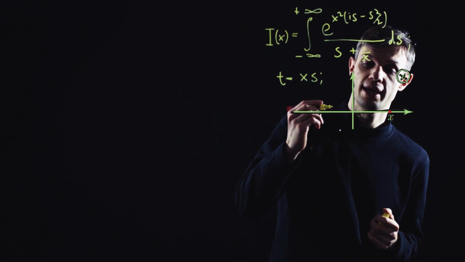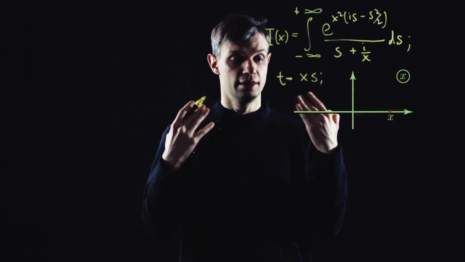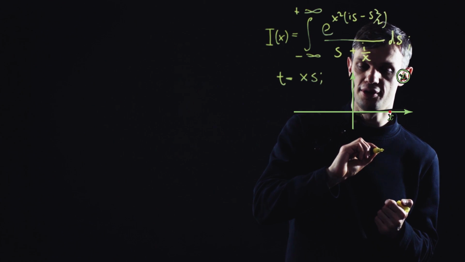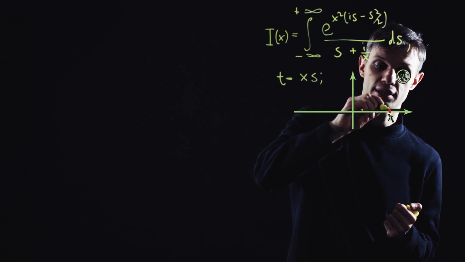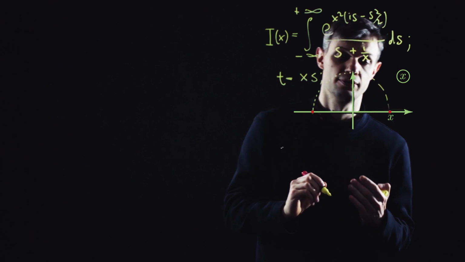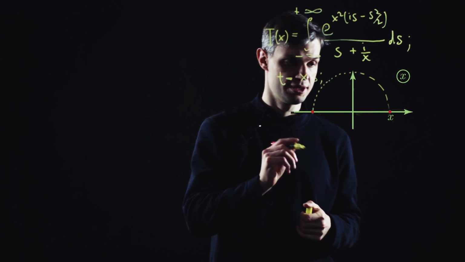And probably the best way is to change x in such a way that, first of all, its modulus remains large, and it doesn't cross this singularity, the origin. So let's actually change it in the complex plane. And for definiteness, let it be the upper complex semiplane.